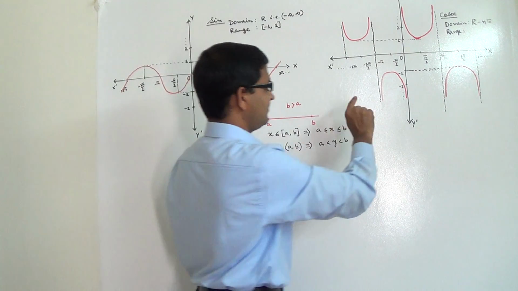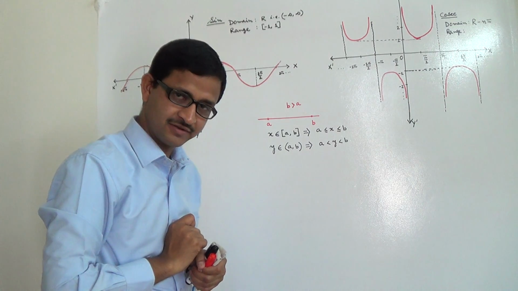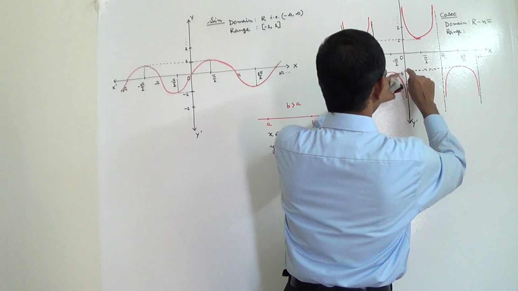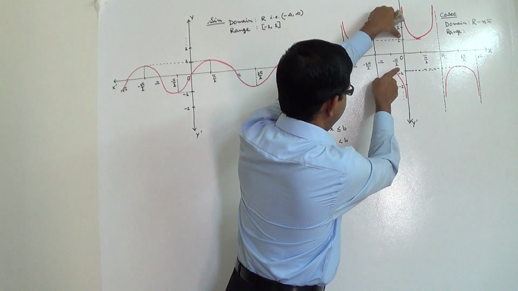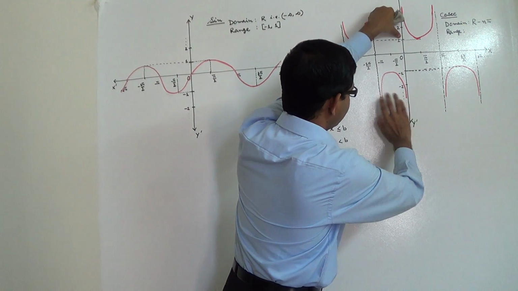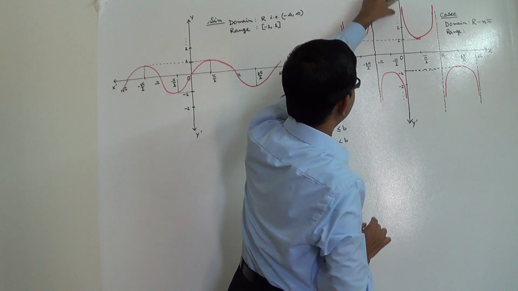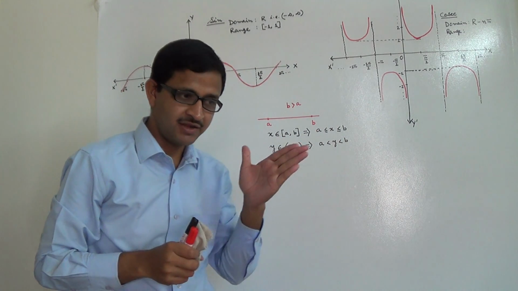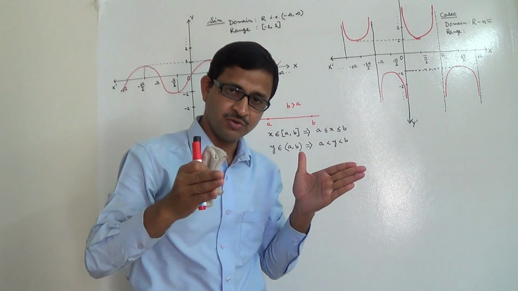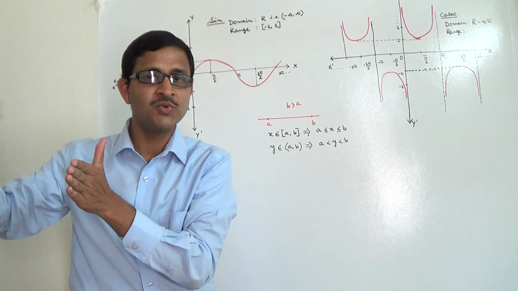You will never find the red curve crossing anywhere between -1 and +1. But below -1, it is covering everything, right? And above +1, it is covering everything. So the range should be -infinity to -1, then 1 to +infinity.